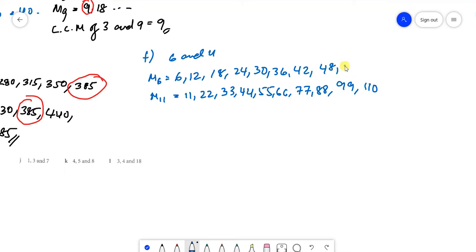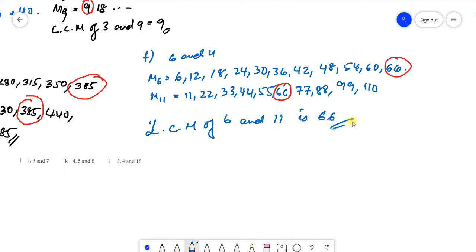Yes. 6 10s are 60. 6 11s are 66. Yes, we have found our common multiple, that is 66 here and 66 here. So hence we can write LCM of 6 and 11 is 66.